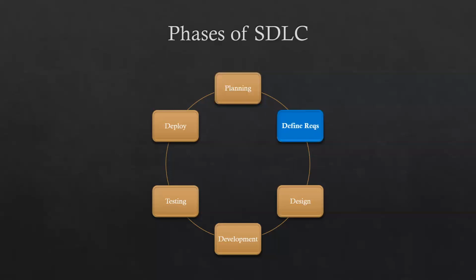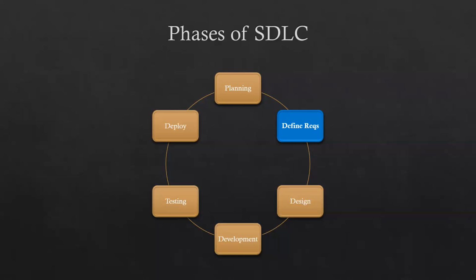Next, we'll see the second phase, which is defining the requirements. In the first phase, we identified the requirements. In the second one, we are going to define the requirements. Here, mostly the documentation work is happening, like the SRS document, which is the software requirement specification, and some other documents will be prepared to clearly define the product requirements.